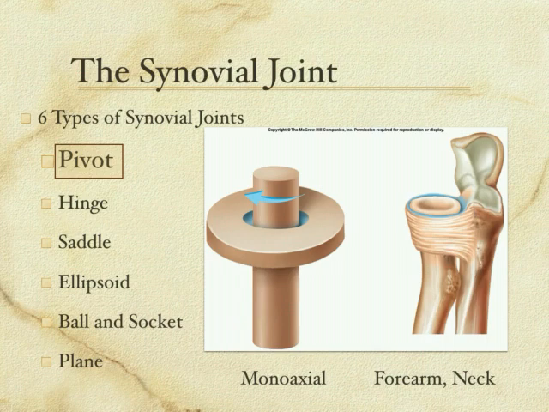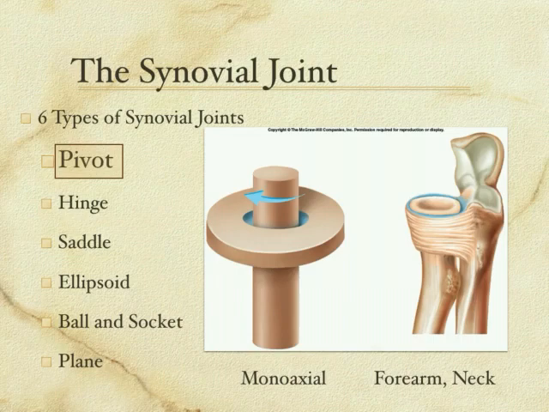So in the forearm, we have a pivot joint, and the other would be at the base of the skull in your neck, which allows your skull quite a bit of rotation around the neck, whereas rotation through the rest of your torso takes place with a multitude of cartilaginous joints. So, pivot joint, monoaxial, located at the forearm or the neck.